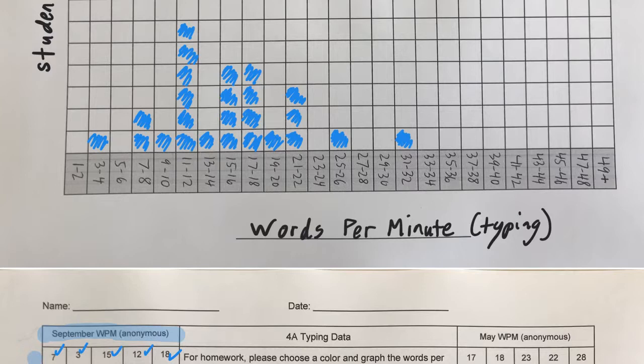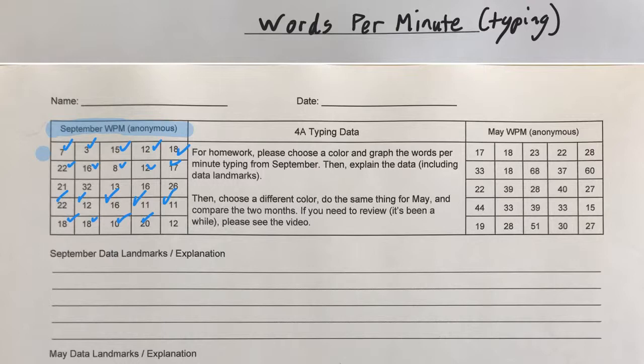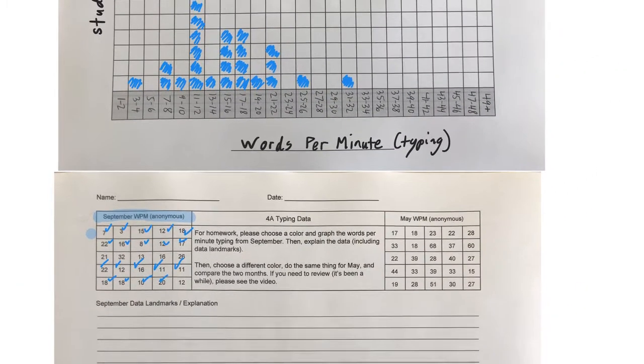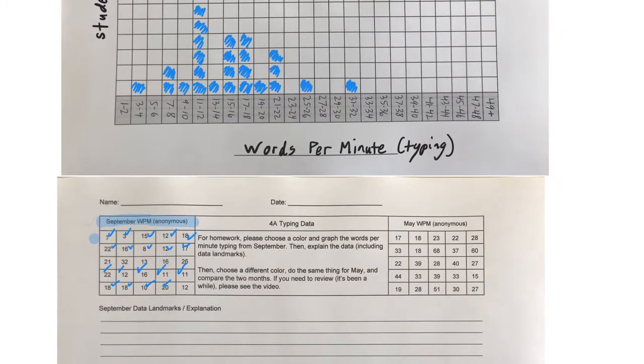And the next thing you should do is go ahead and explain the data and list the data landmarks for September. And let's see. Let me see if I can fit this all on one page here. Okay, that looks good. So looks like my minimum is going to be 3.